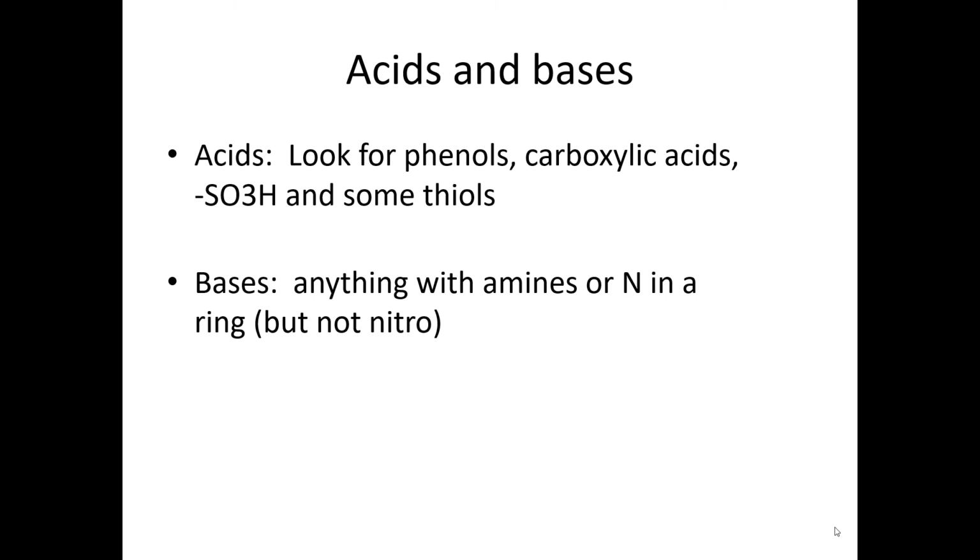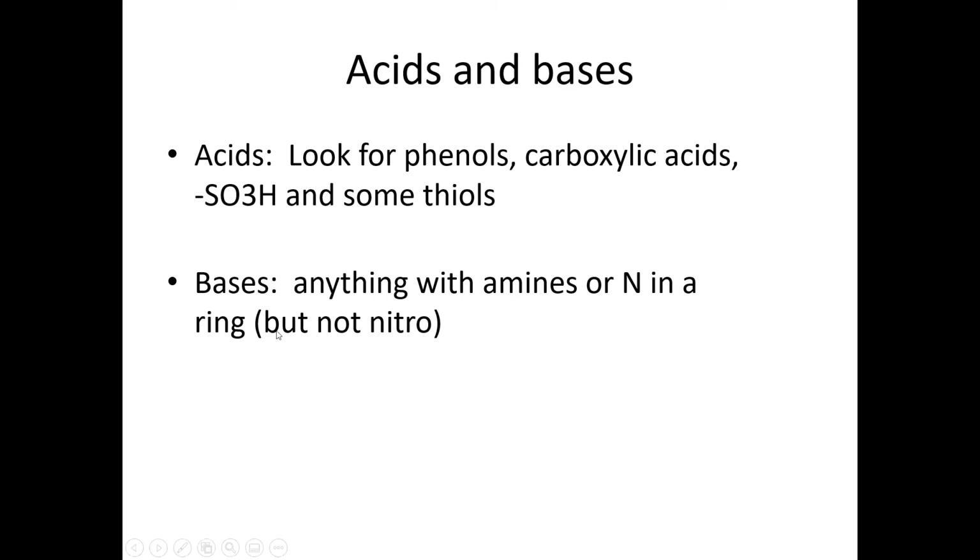So the first chemical reaction we talked about was acids and bases, acid-base reactions. So when you look at a chemical structure and you ask yourself, could this chemical act as an acid or a base, you look for a couple of structural features. In terms of acids, you look for phenol groups, carboxylic acids, and then some groups that contain sulfur.